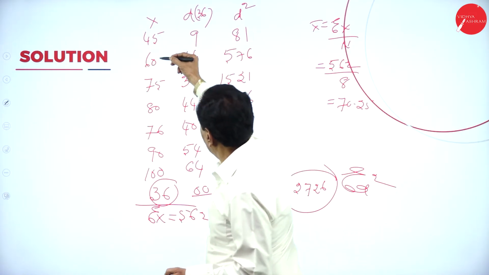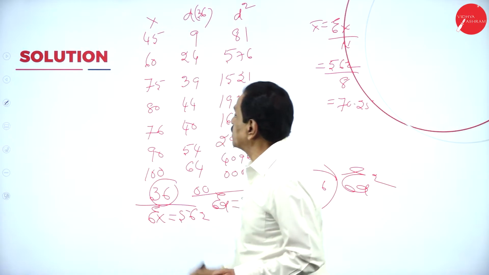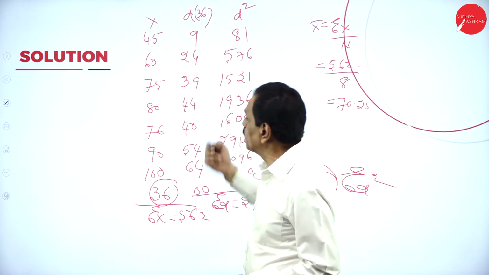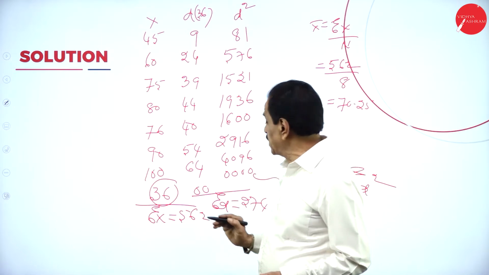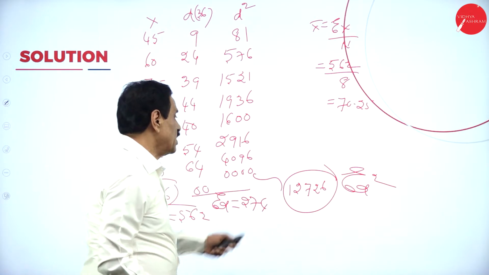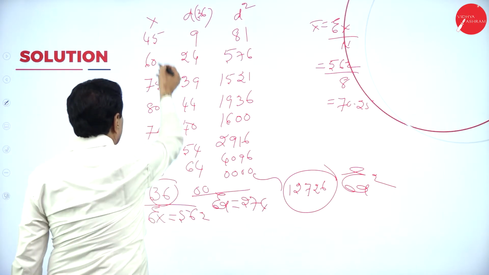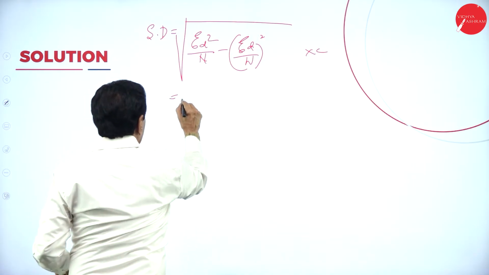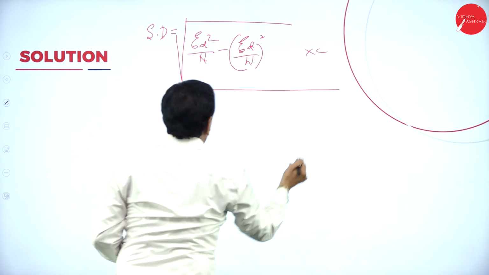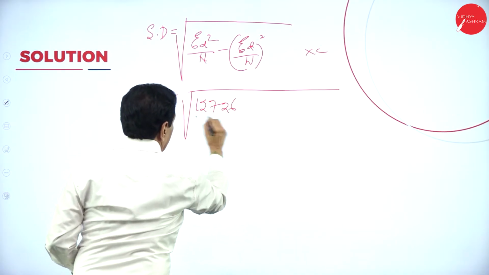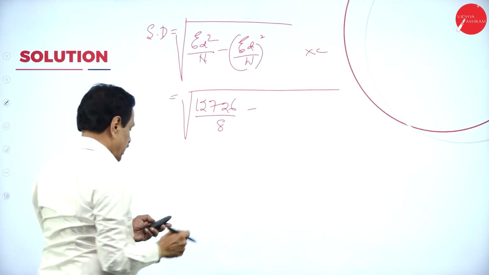Here see 45, 60, 70. So class interval is not equal. 45, 15 more, 15 more, here 5 more. It is not equal, so class interval should not be taken. What is your sigma d square? 12,726. How many items are there? 8. 12,726 divided by 8, number of items.